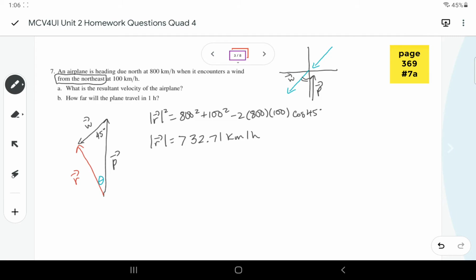Here, the wind is definitely the smallest, so I'm not going to have an ambiguous case. So I will have sine theta over 100 equals sine 45 over 732.71.